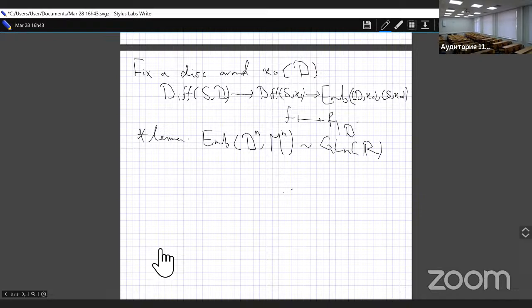And the map is easy. Sorry, I should have fixed some base point, so you want to include the base point as well, just by taking derivatives. So it tells us that this one is just homotopy equivalent to S1 because it's GL2R.